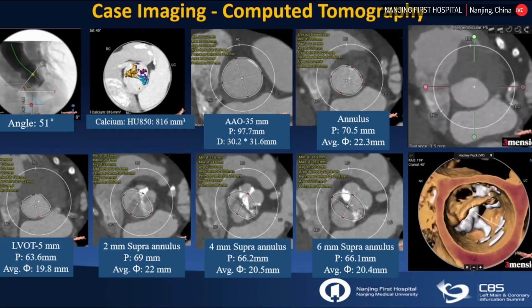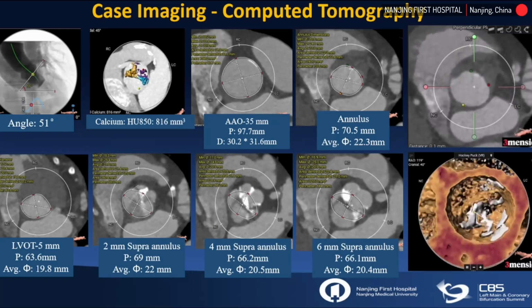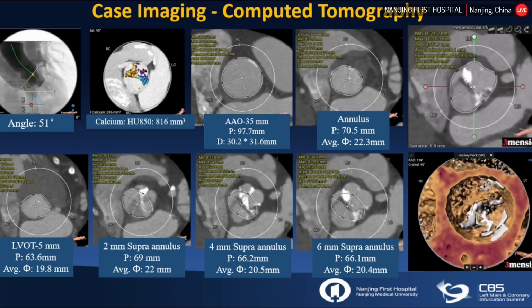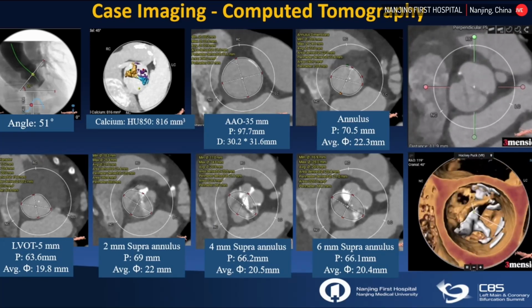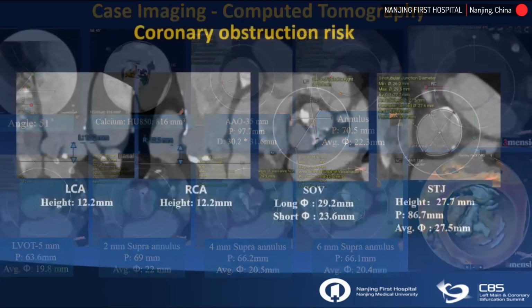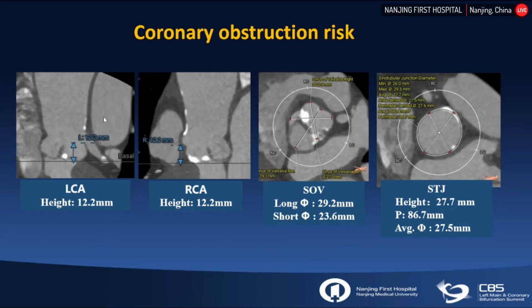In terms of coronary height, it's high enough, and the cusp flap is large enough, so there is a low risk of coronary obstruction. Both the left and the right coronary heights are high enough, more than 50 millimeter.